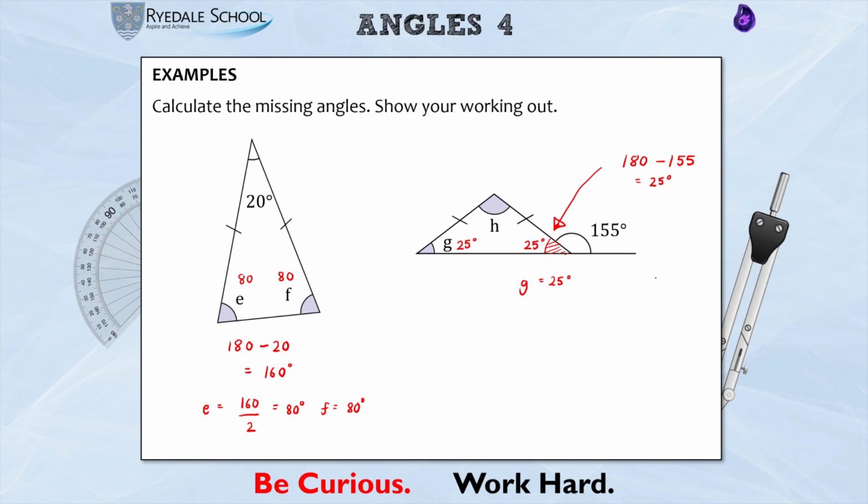If we add those together, that makes 50. So we need to see what's left in our triangle. So that is 180. Take away 50, which is 130 degrees.